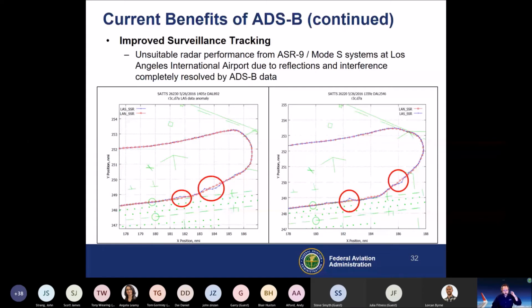What we were able to find is that since January 1st, when all the aircraft in this particular airspace are ADS-B equipped, this has completely resolved this type of issue. Now we get a once per second, very accurate position delivered to the automation system, and it completely smooths out these jagged tracks and greatly improves the quality of data provided to the air traffic controller.